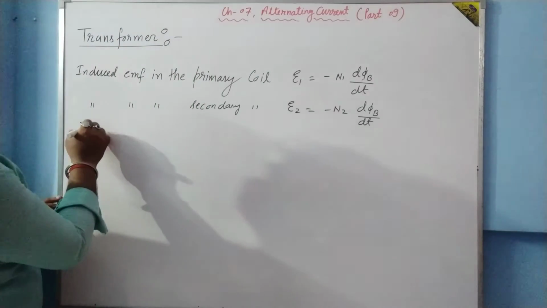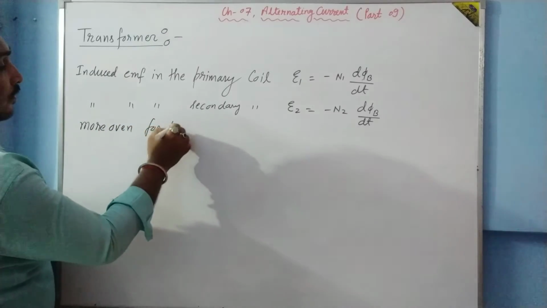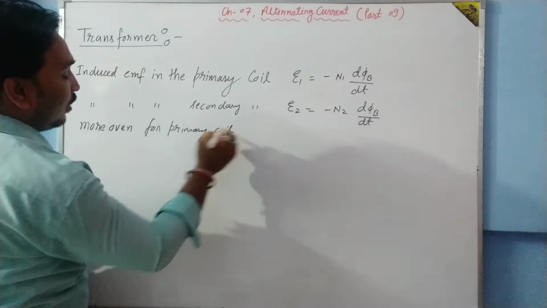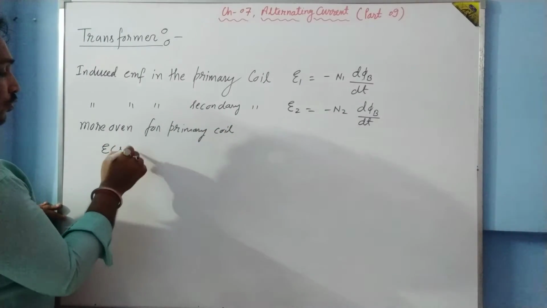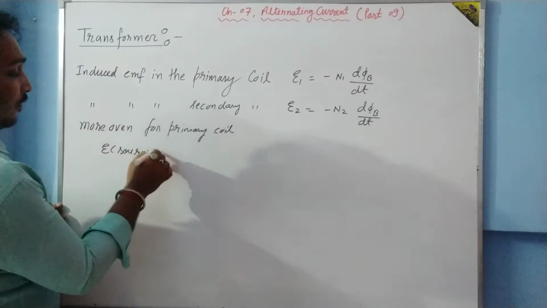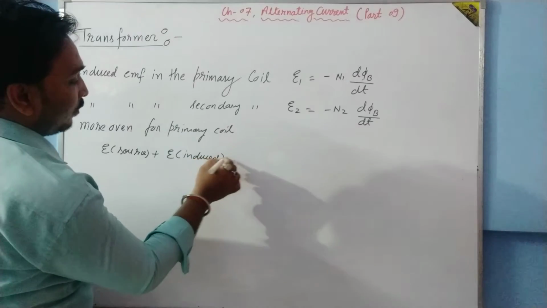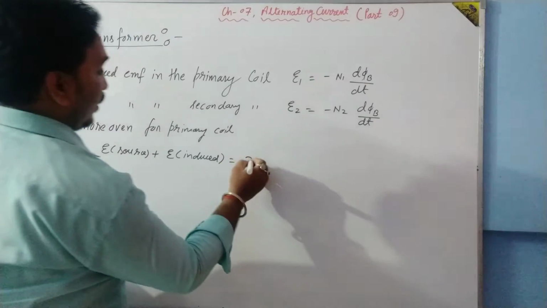Moreover, for the primary coil, the source EMF plus the EMF induced, all these EMF will be lost against what? There is no resistance we have applied, so it will be 0.